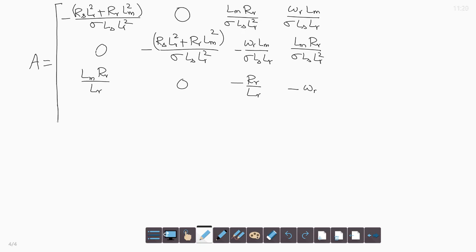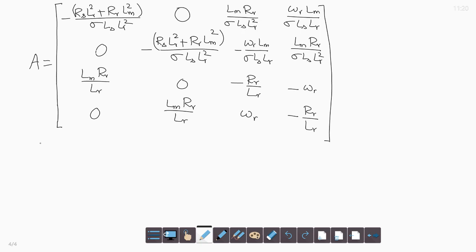Similarly, the fourth row is 0, L m R r by L r, then plus omega r, then minus R r by L r. This is the 4 by 4 state matrix.